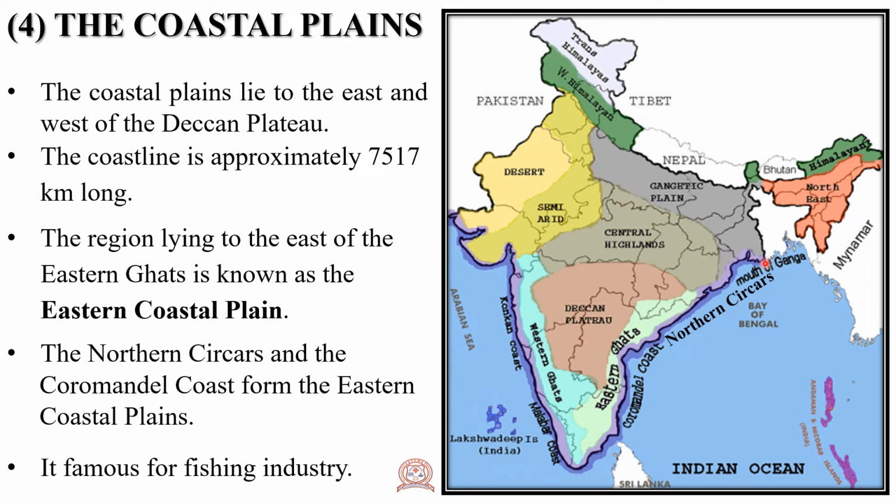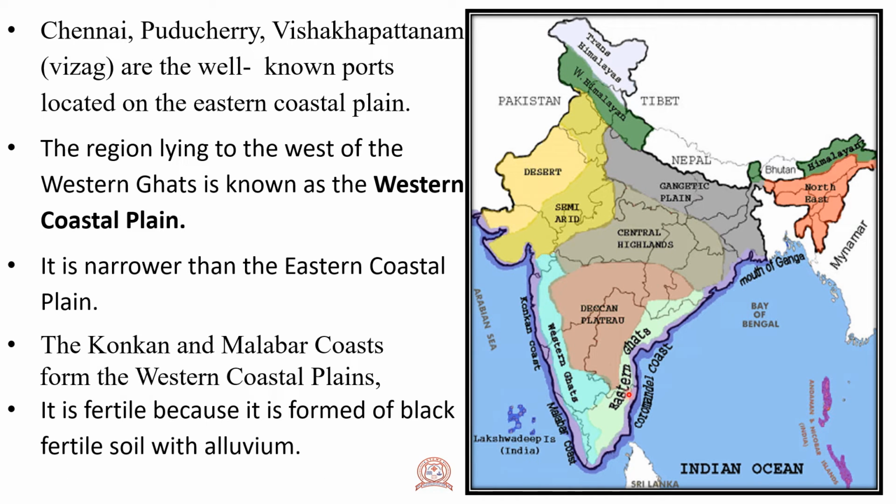The region lying to the east of the Eastern Ghat is known as Eastern Coastal Plain. The Northern Circars and Coromandel Coast form the Eastern Coastal Plain. It is famous for fishing industry. Chennai, Puducherry, Visakhapatnam are the well-known ports located on the eastern coastal plain.